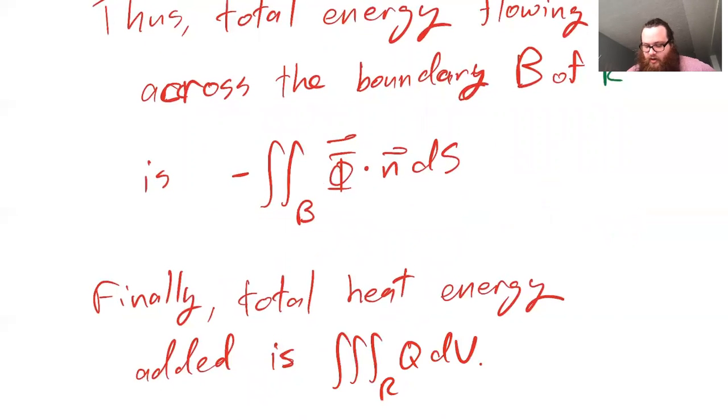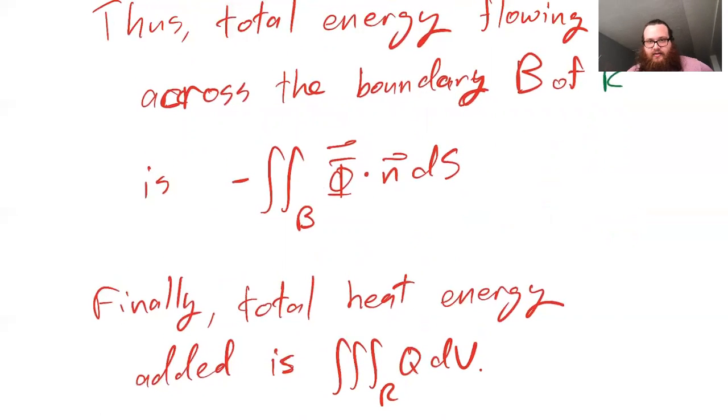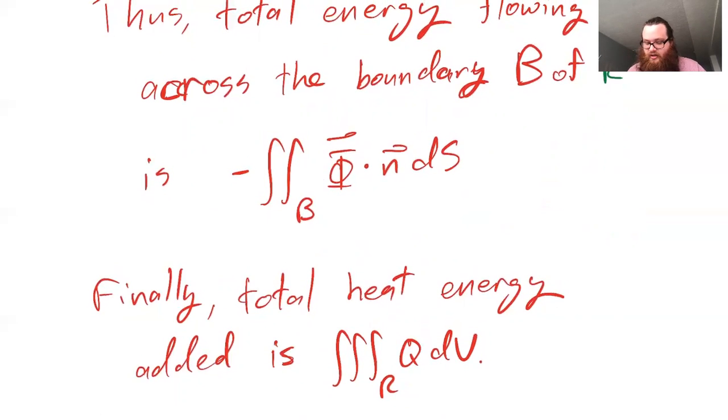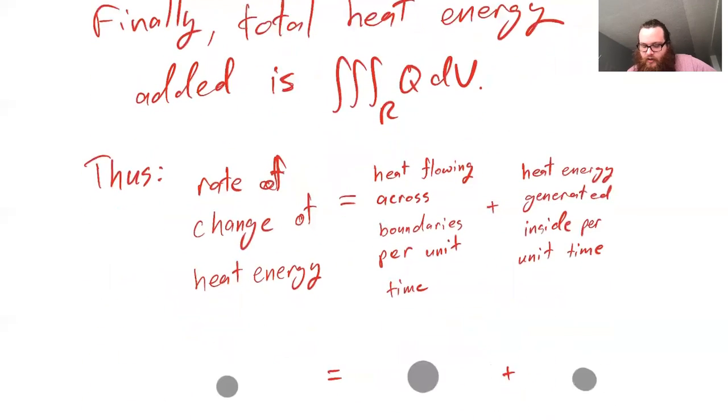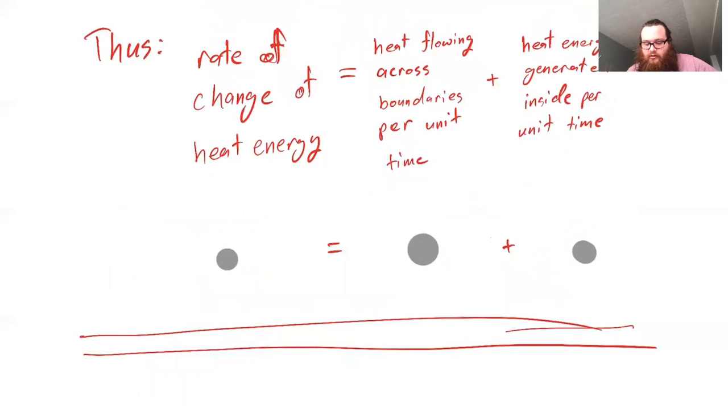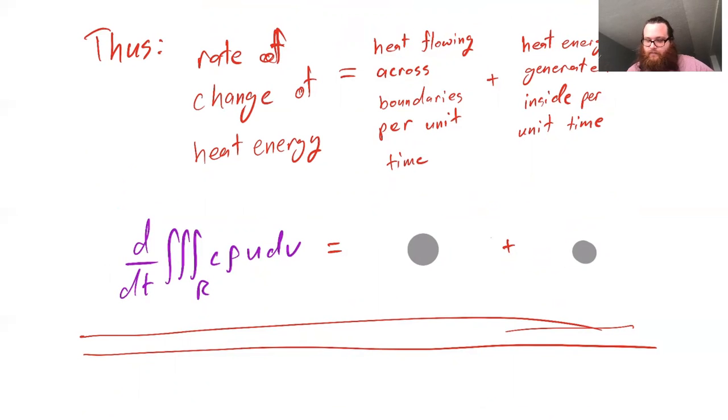And then the last term, similar to what we had in the case of the one-dimensional system, is just some black box source term telling us how much energy is spontaneously added or removed from the system. So putting these all together, what is the rate of change of heat energy? That was this expression, with the d/dt outside. What is the heat flowing across the boundary per unit time?